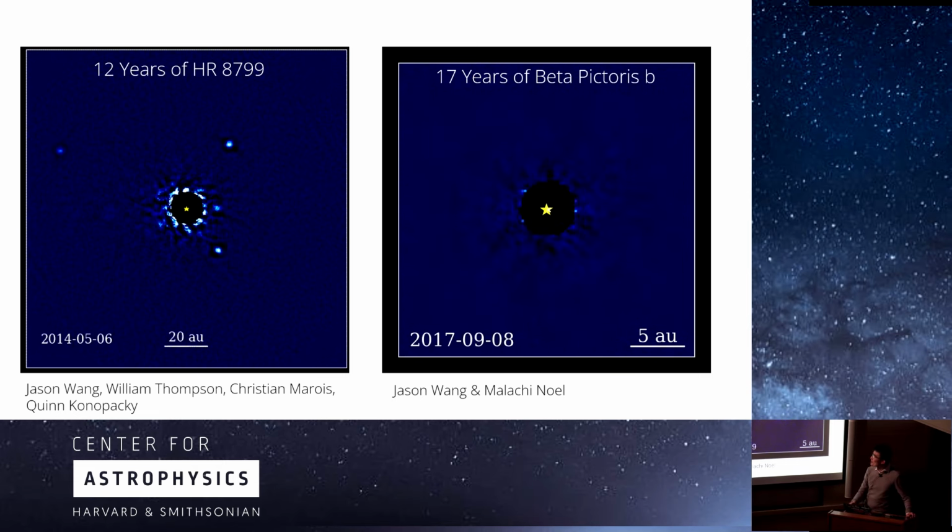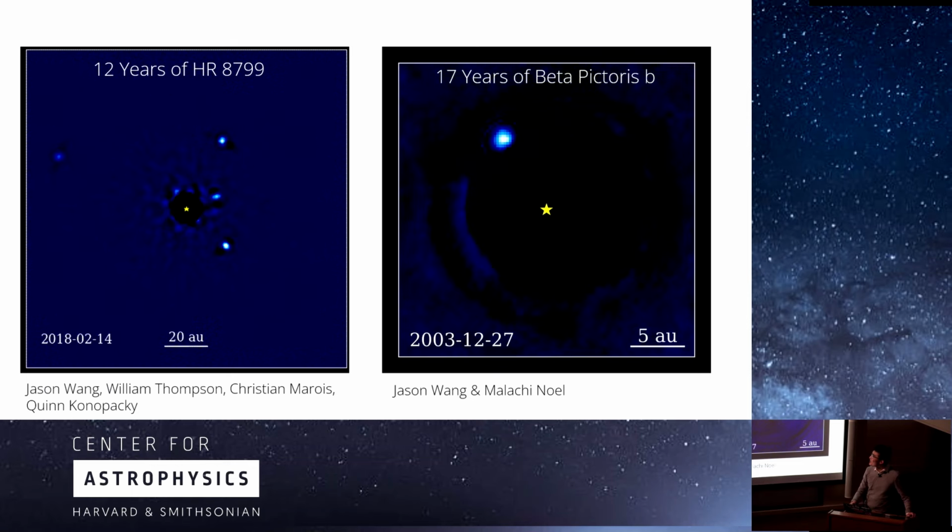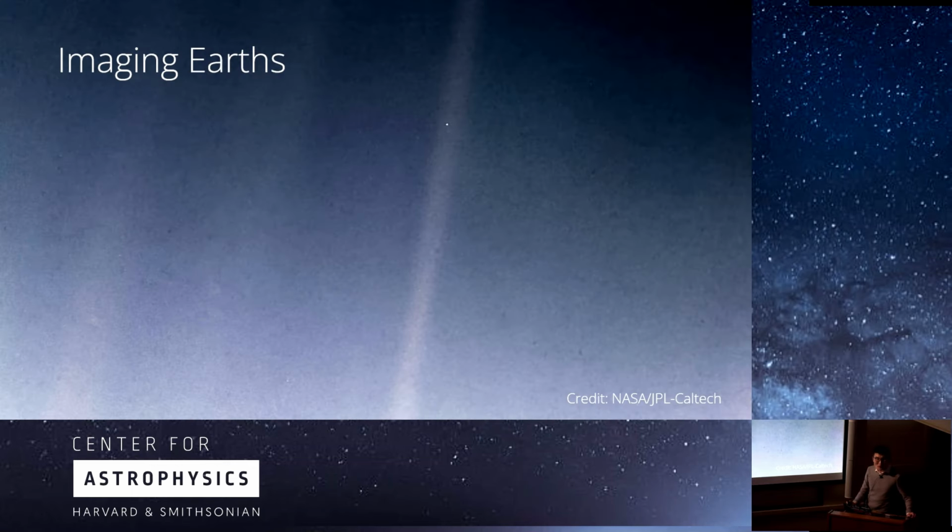What about imaging smaller planets? We've done that once. This is from the Voyager spacecraft. This is a picture of us, Earth. I like this image in many ways, but one thing is that this is Voyager at 40 AU, and you can see the amount of diffracted starlight from our sun in order to see this pale blue dot that is the Earth.